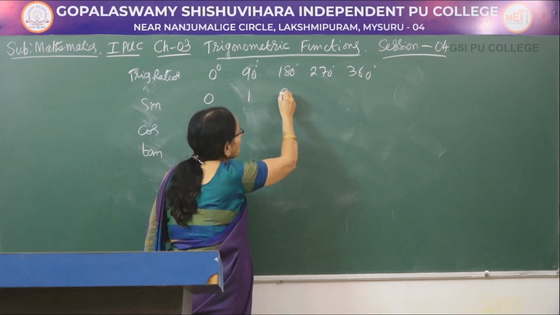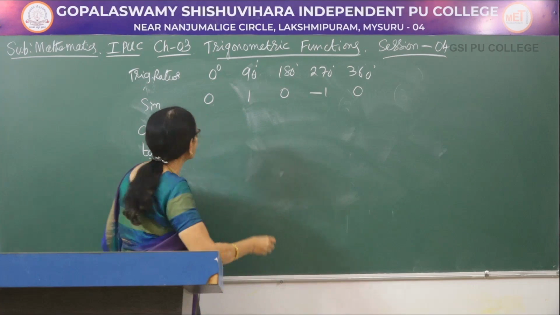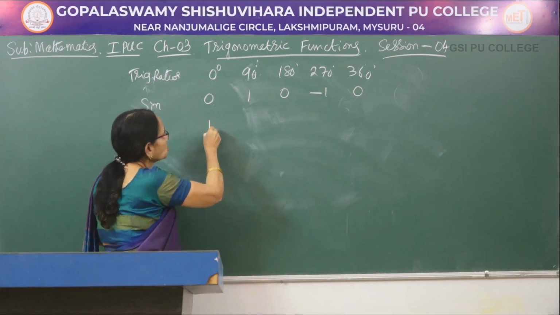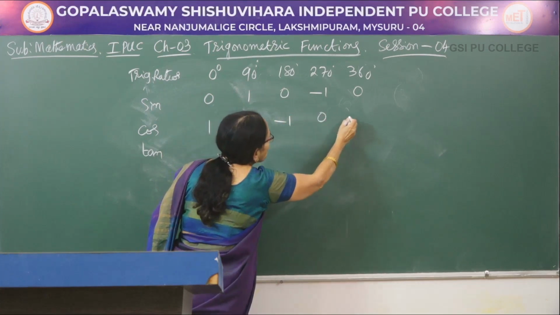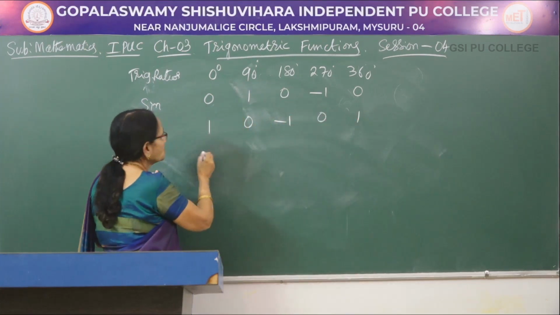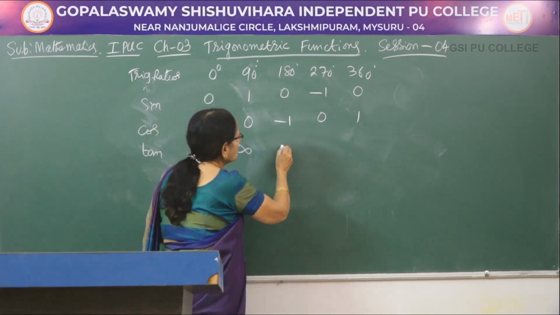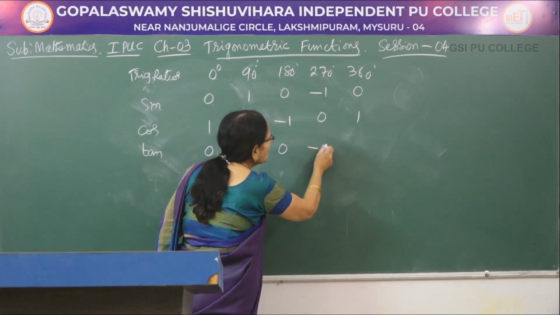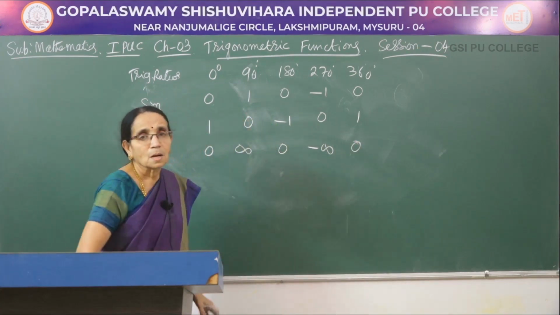Now, just now we have calculated, it is minus 1 and 0. Similarly, cos 0 is 1, this is 0, minus 1, 0 and plus 1. This is 0 and here we have infinity, this is 0, it is minus infinity, this is again 0.